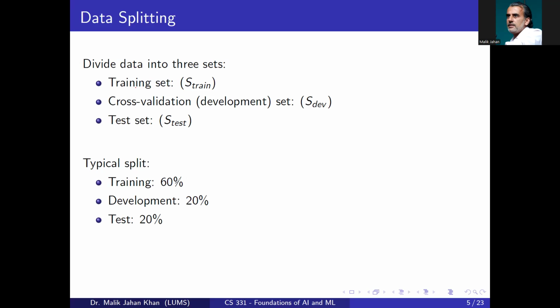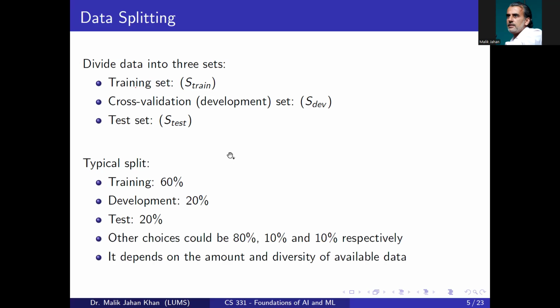But if you are already struggling in terms of availability of data in a particular problem domain, if you don't have sufficient amount of data, then using just 60% of data will further shrink that data, and we might not be able to learn the underlying theme of the data. So that might not be a good choice, but there could be some other alternate choices. It's essentially the choice which machine learning engineers make. So you can be going for 80%, 10%, and 10% respectively.